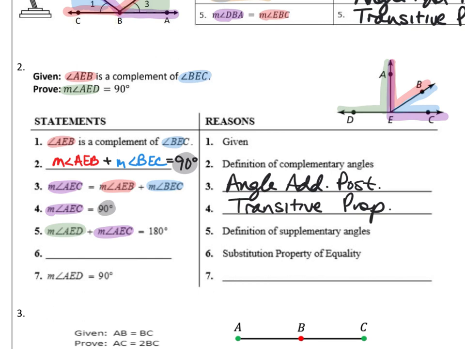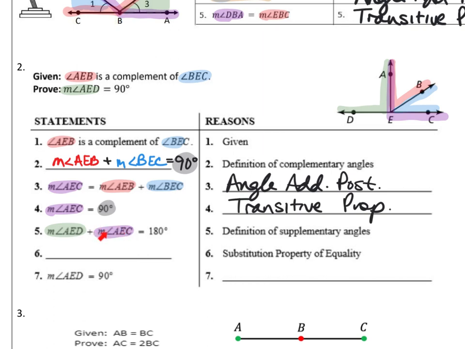Therefore, I want to use the substitution property to make a next statement. Substitution means we're going to take something out and put something in its place. What could we put out or take out and put in the place of 90 degrees? Wow, I just said the answer. What could I replace measure of angle AEC with?